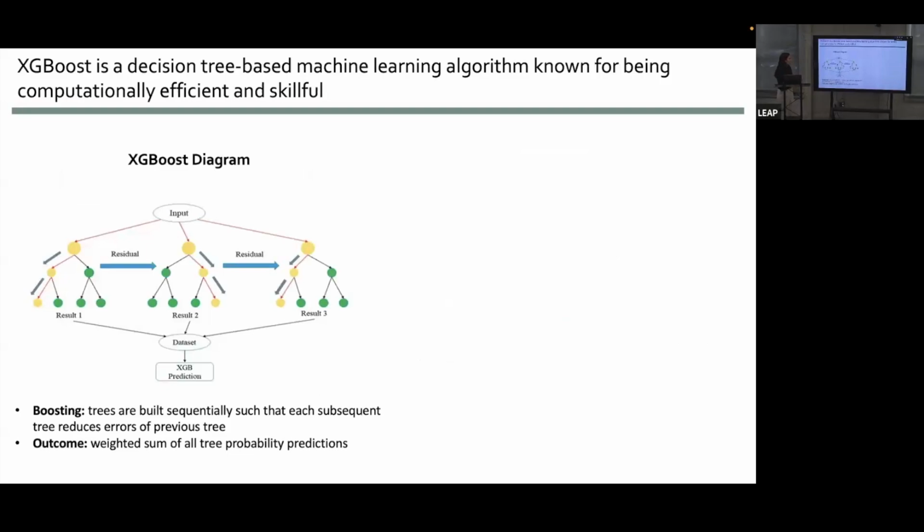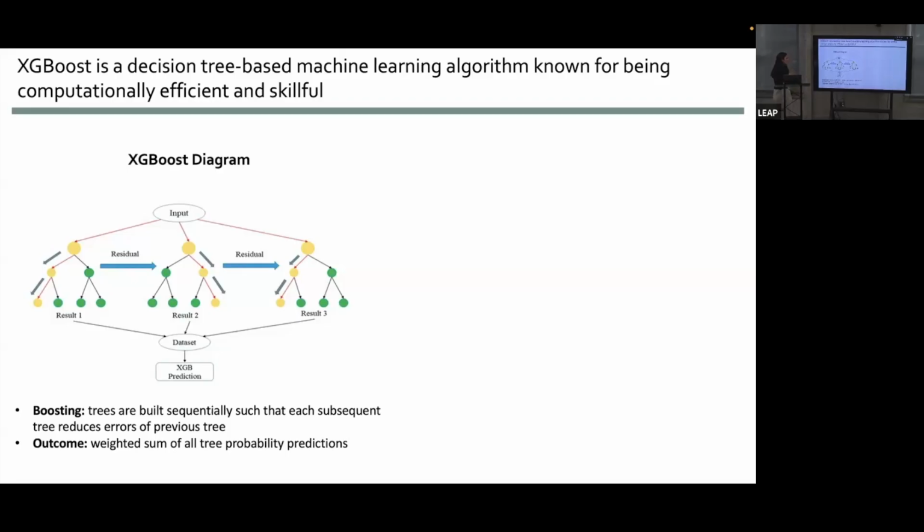Just a quick few notes on model construction for those of you who are more machine learning inclined, which is maybe many of you. So I mentioned that we used XGBoost as our machine learning algorithm. This is a decision tree-based ensemble learning method that's particularly known for being computationally efficient and skillful.